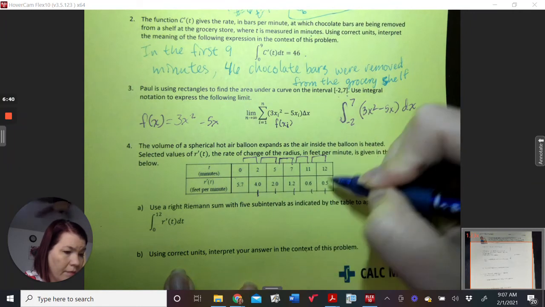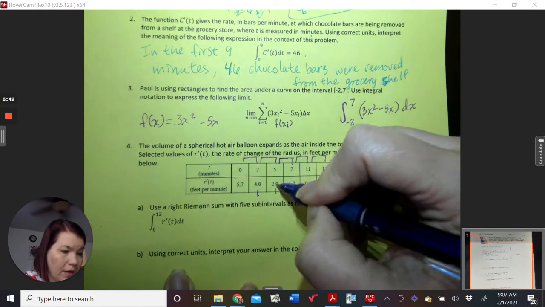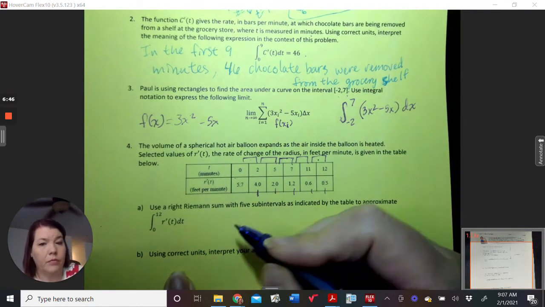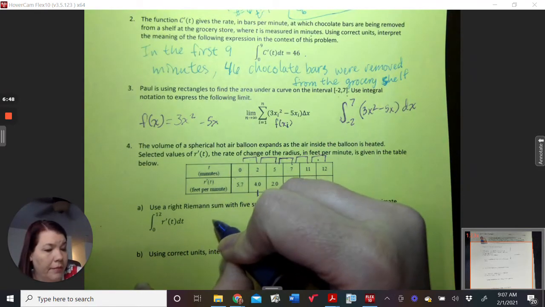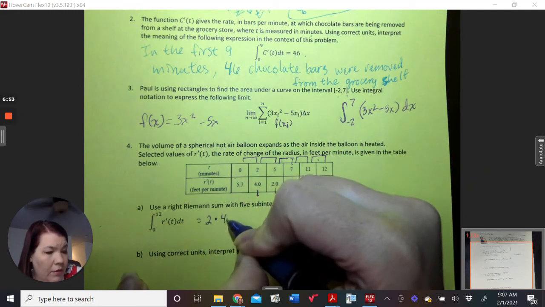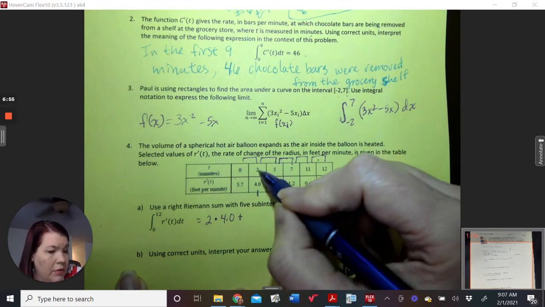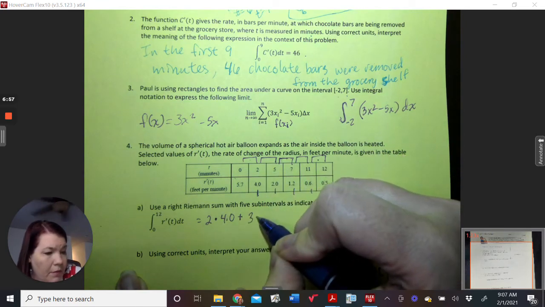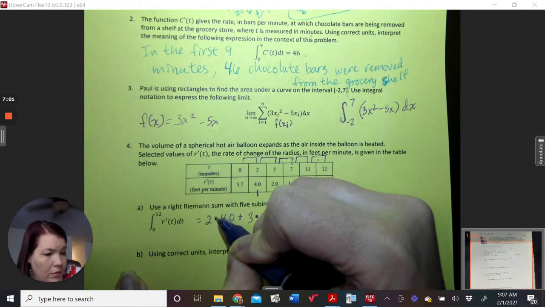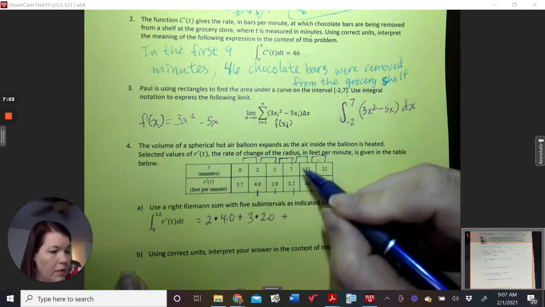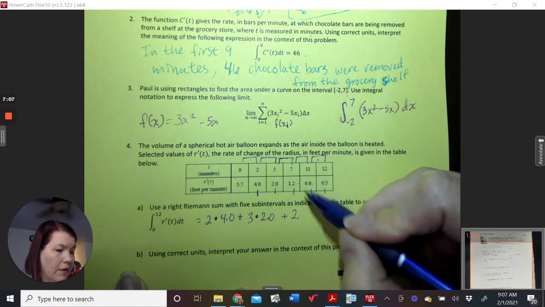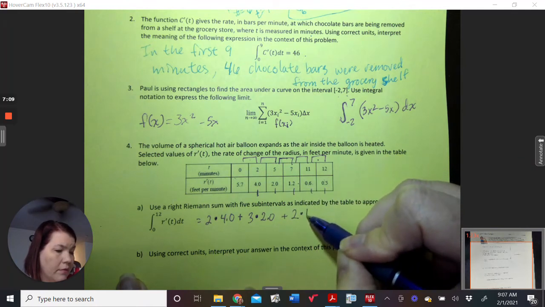Okay. So this one is 2 wide times the value of the function. This one is 3 wide times the value of the function. This one is 2 wide times the value of the function. This one is from 11 to 7, 4 wide times the value of the function.